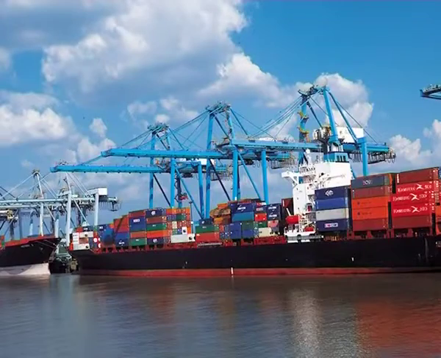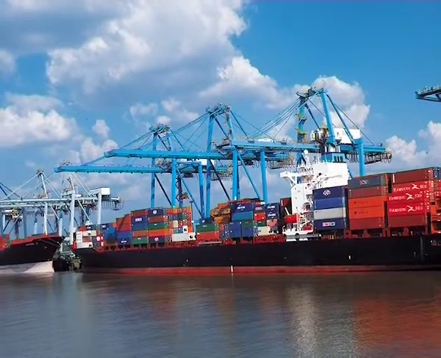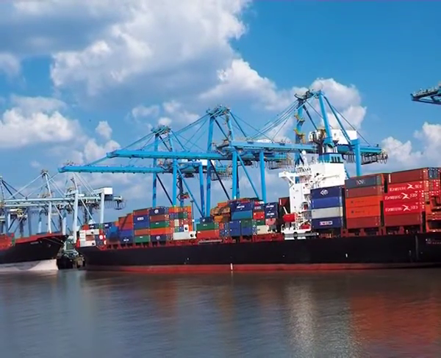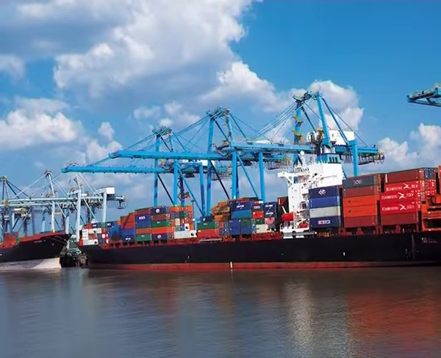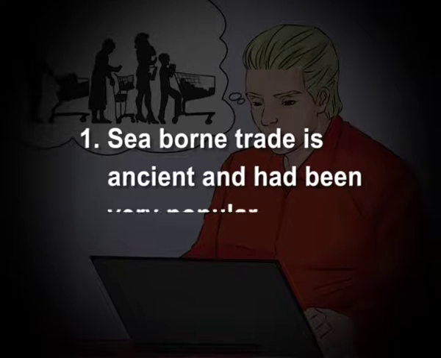Now let us go further and try to justify the trend that we have observed as far as cargo management and seaborne trade is concerned. So now how can we justify the trend? We can say that seaborne trade is ancient and had been very popular.